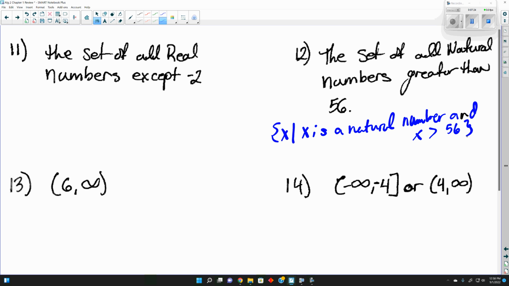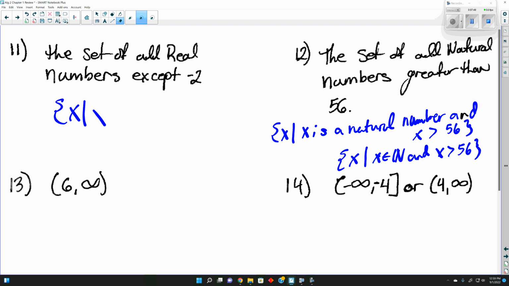Well, what's the symbol for natural numbers? So that's what we would have. Nope. I still have the eraser selected. We can say X is an element of the integers and X is greater than 56. X is not equal to -2.